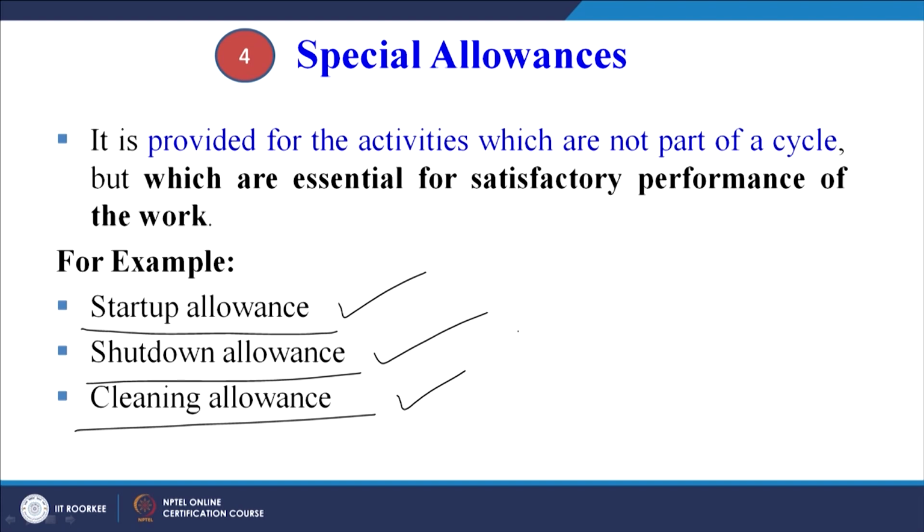These activities are not a part of a cycle but are essential. You need to start up, stop the machine, and clean the machine after completing the work. These are essential for the satisfactory performance of the work. So these types of special allowances are also given when we calculate the standard time.